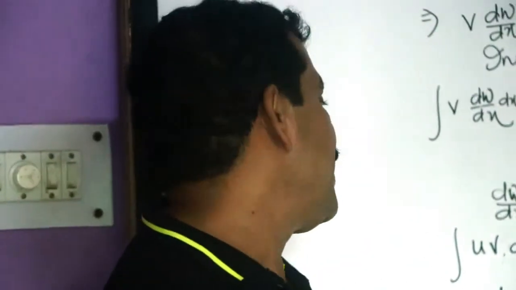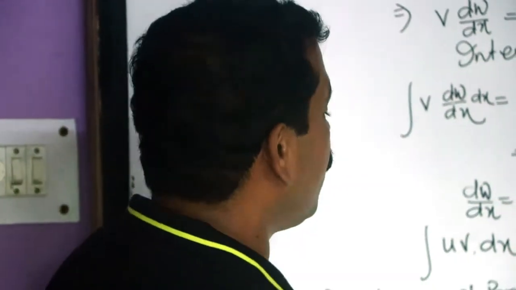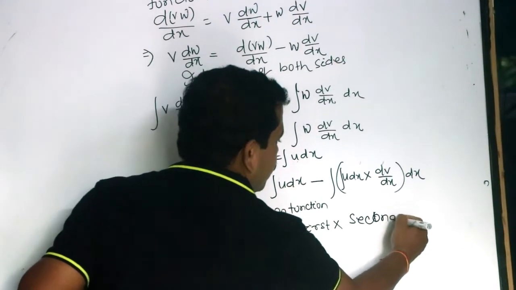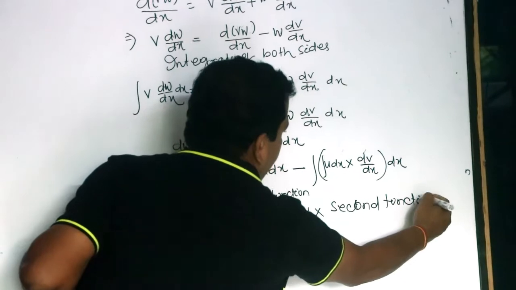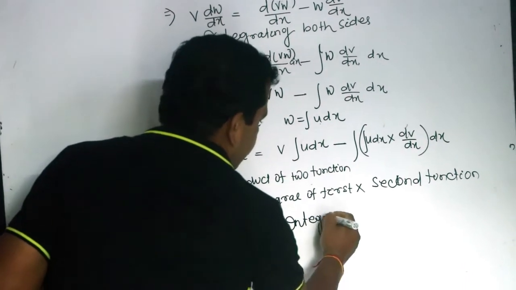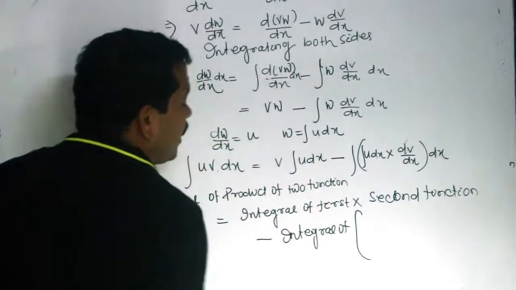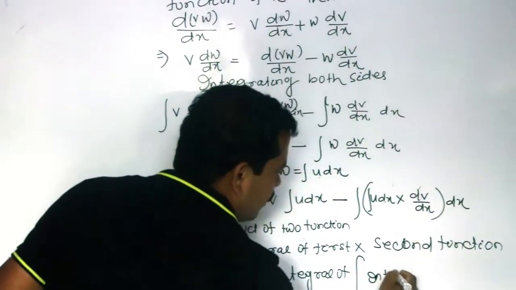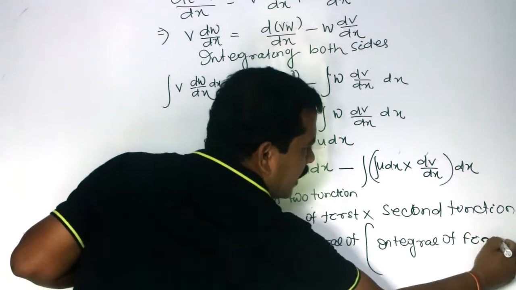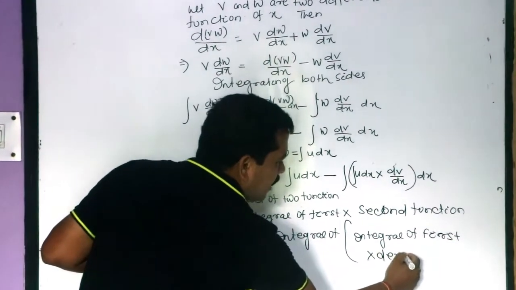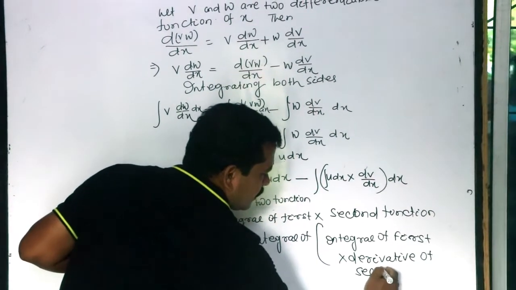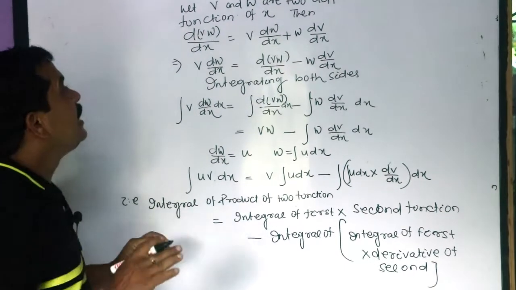The rule is: the integral of the product of two functions is equal to the first function into the integral of the second function, minus the integral of, within the bracket, the integral of first into the derivative of second. That is the rule of integration by parts.